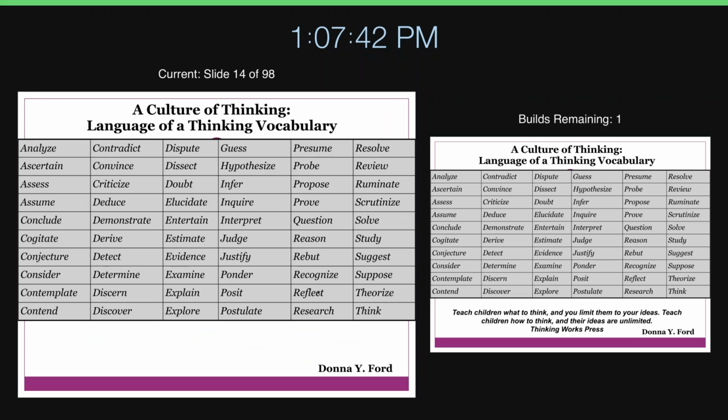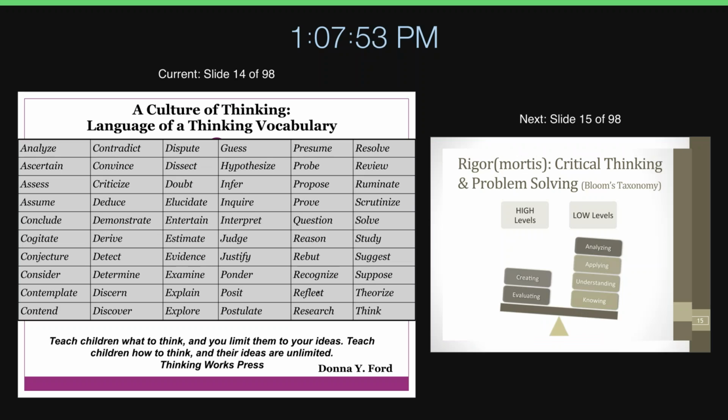One of the things before I do that is to say, one of the ways to ensure that our students are critical thinkers is for them to have a robust and extensive vocabulary. Too often, so I'm not stereotyping, I'm saying too often or in general, it is an unfortunate reality that children who live in poverty tend not to have a large vocabulary, and that's all children who live in poverty, not just children of color.